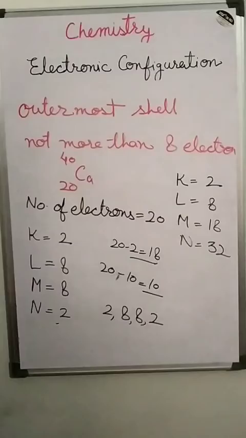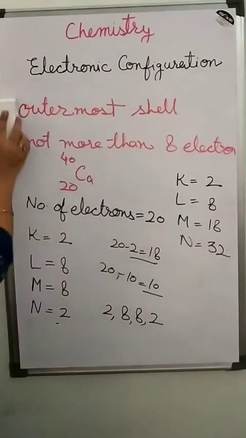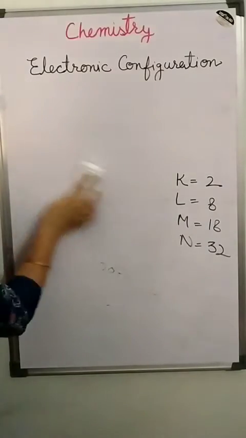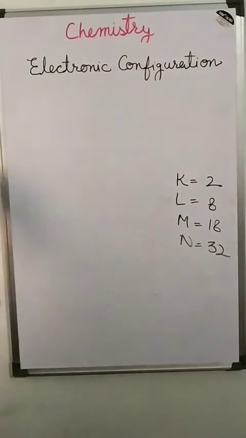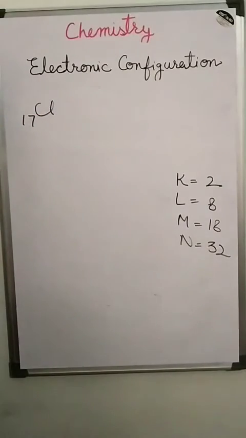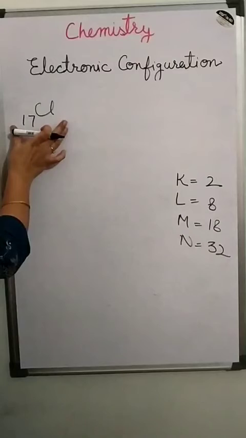Yes, I am giving you one more example, the example of chlorine, that is 17. So the number of electrons is equivalent to 17.